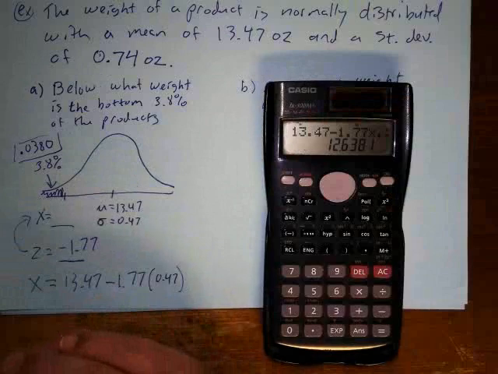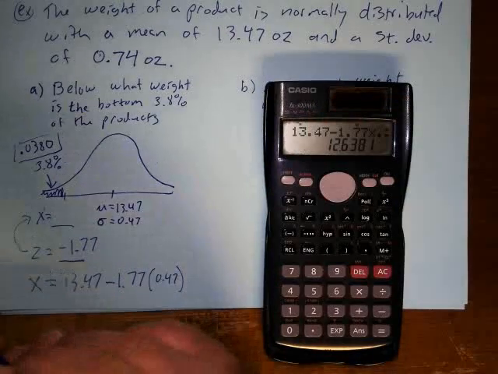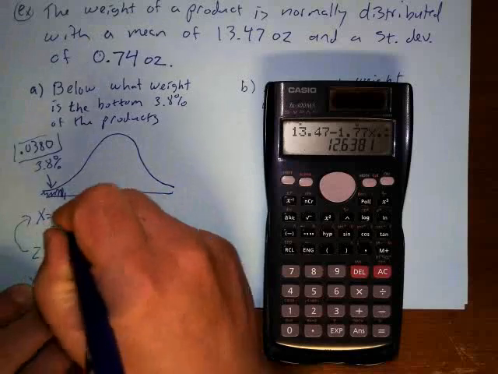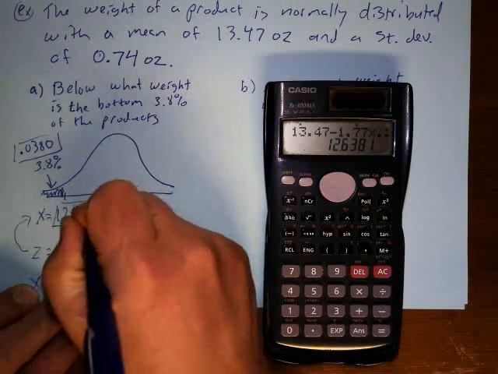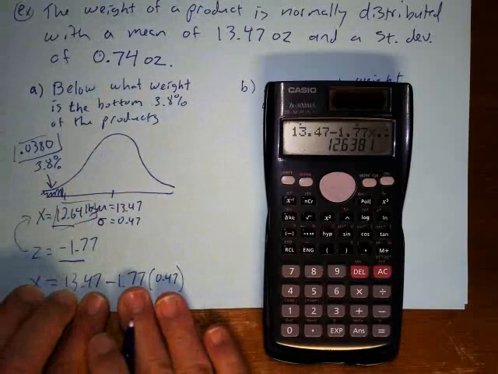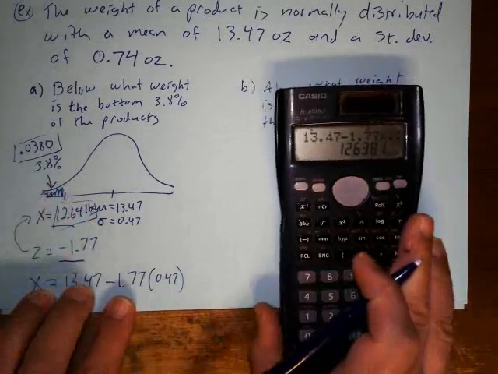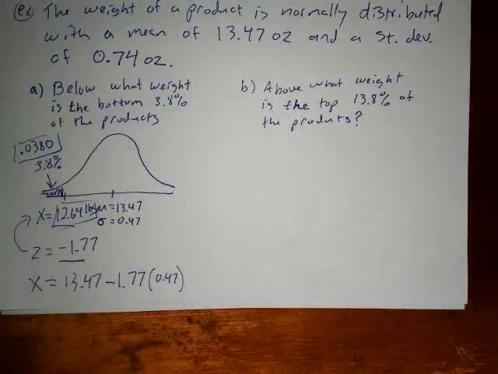So it kind of matches those. So that would be 12.64 pounds. And so that would be the answer for that. So 12.64 pounds has the bottom 3.8% of the area.